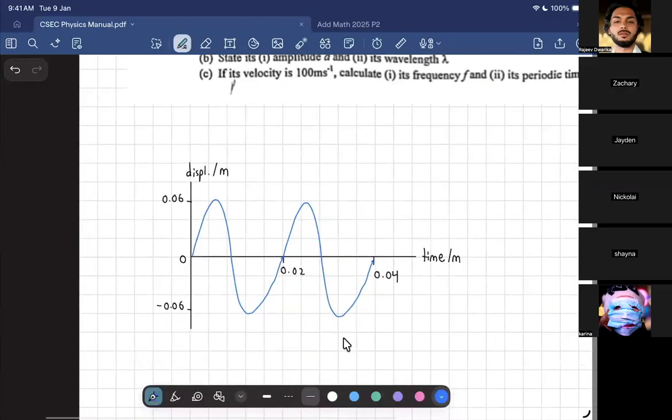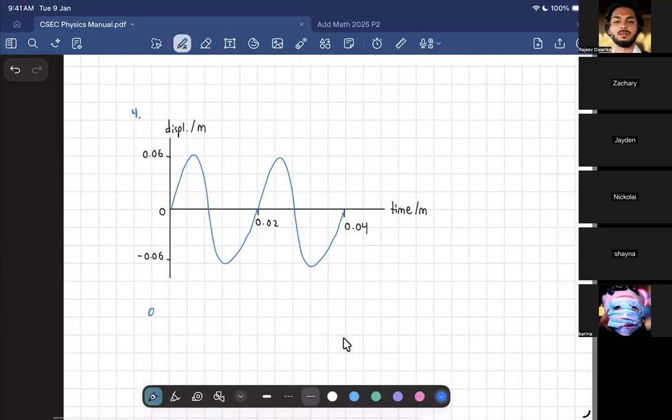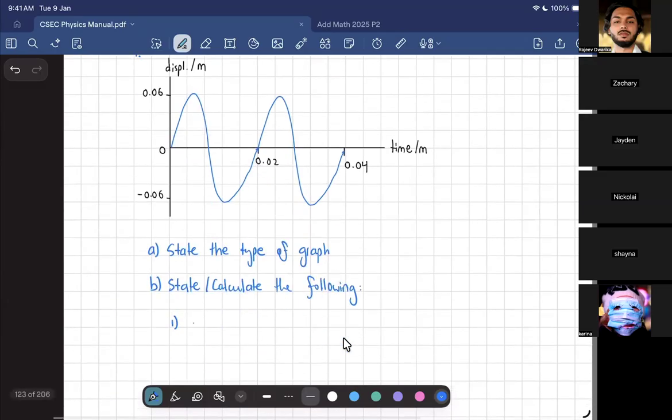So for this question, probably call it number 4, I want you to state or calculate the following. Number 1, tell me what the amplitude is.